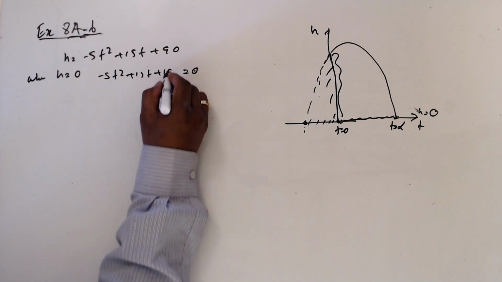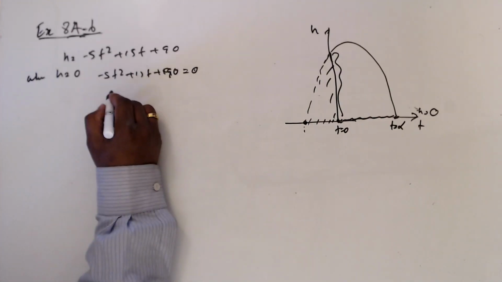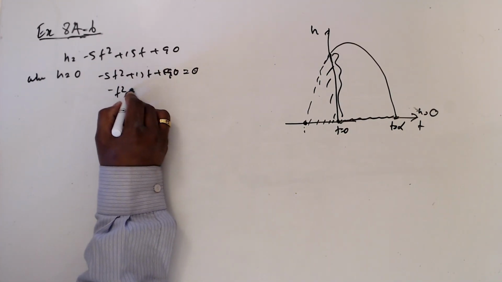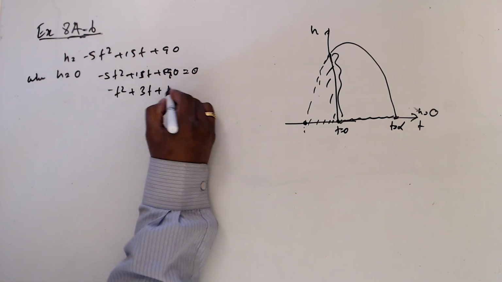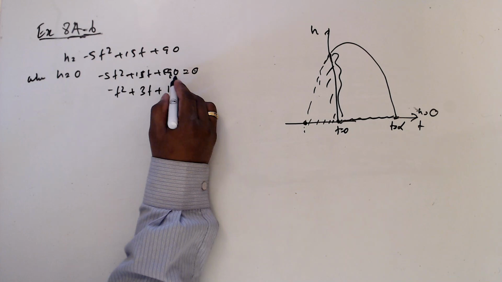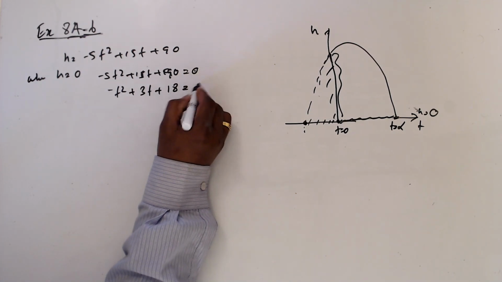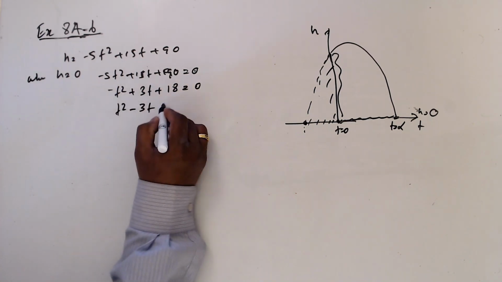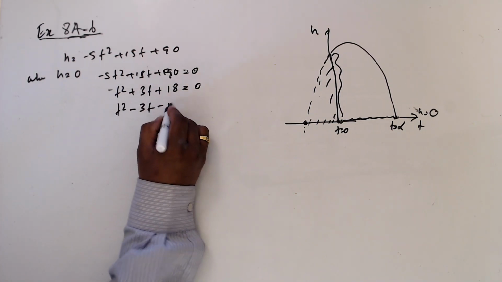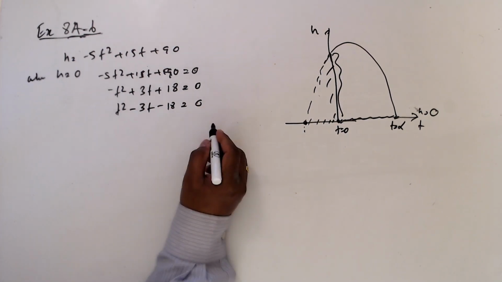I can divide by 5, so minus t square plus 3t plus 18 equals 0. Multiplying by minus 1, t square minus 3t minus 18 equals 0.